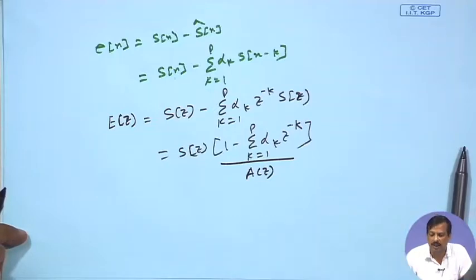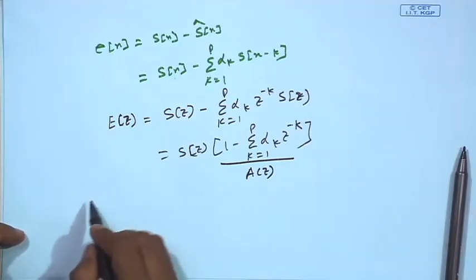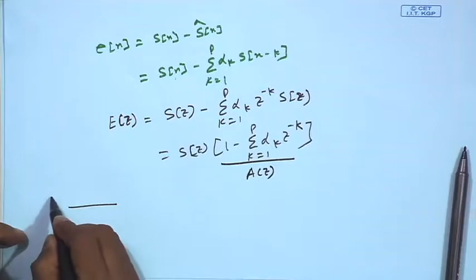Okay. So I can say this is my signal, which is S[n].